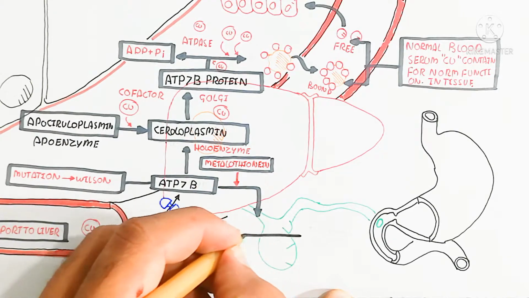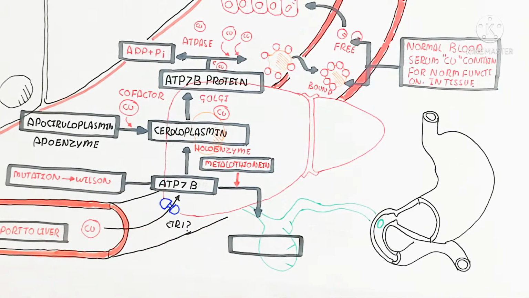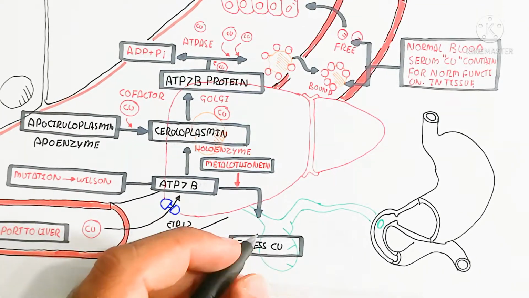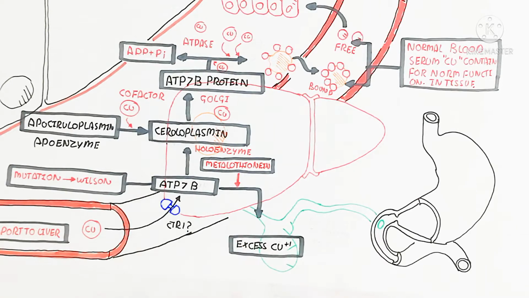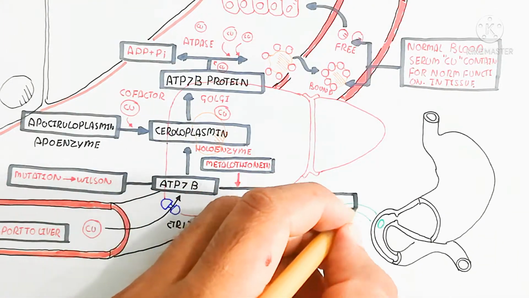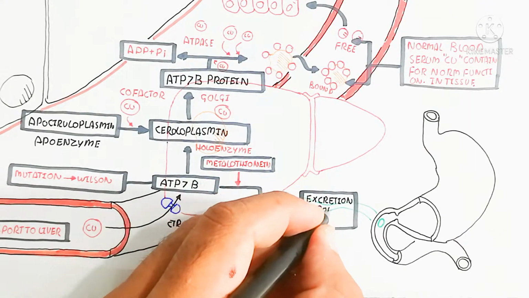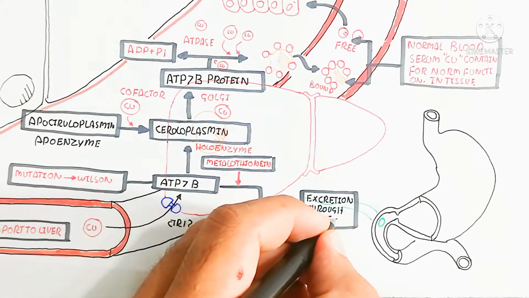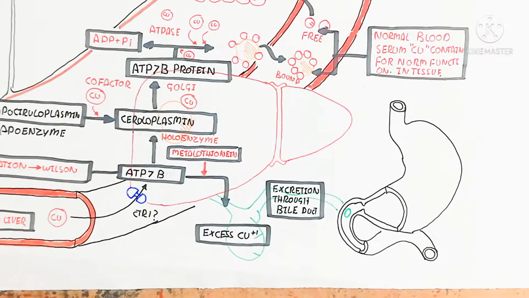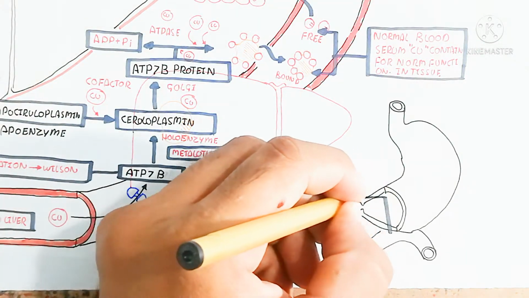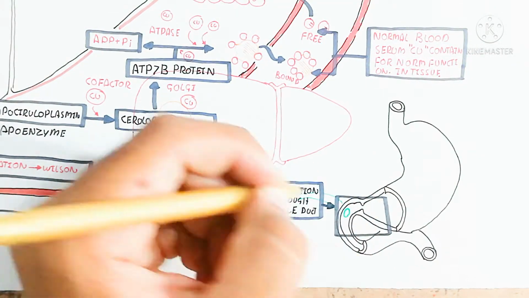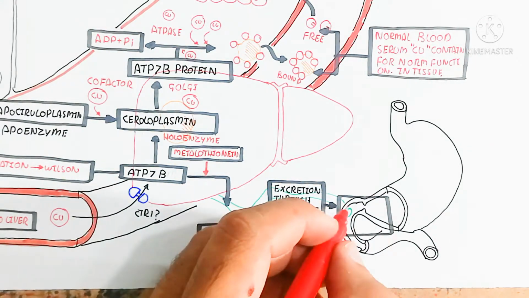So the important thing here is metallothionein, by whose action the excess copper will be excreted, which binds with ATP7B as a substrate, basically acting to release excess copper into the bile.